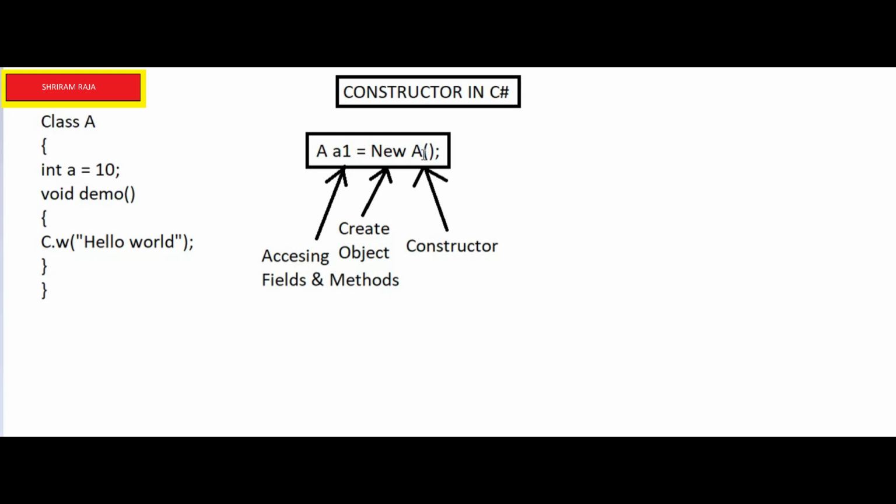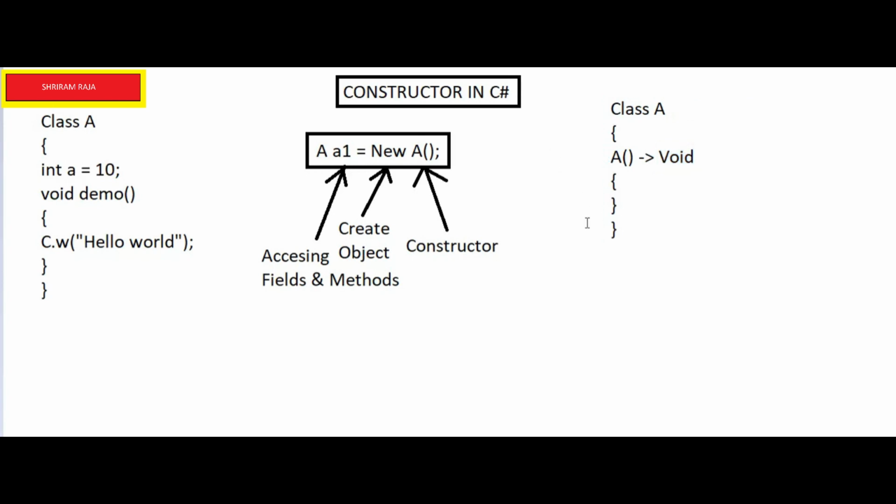Constructor name should always be the same as the class name. For example, class A, this is nothing but a constructor. There is no return type for a constructor. By default, it will take void as a return type.